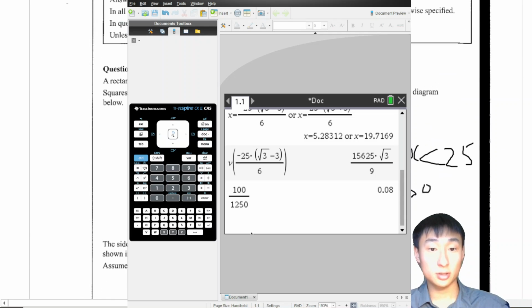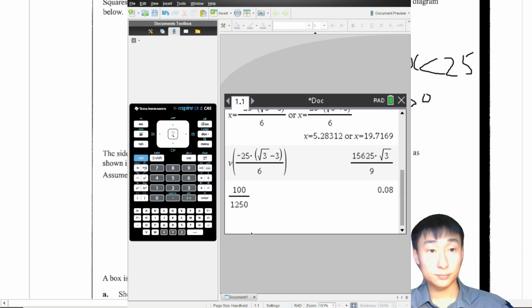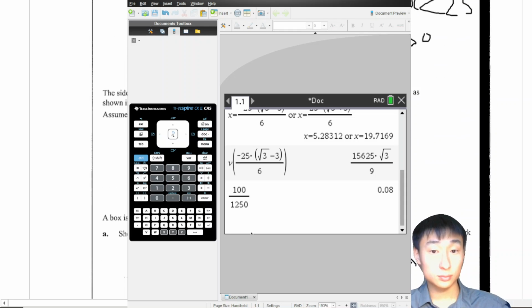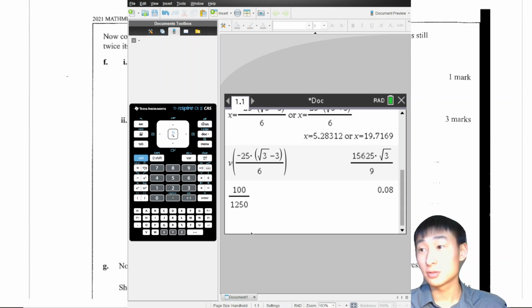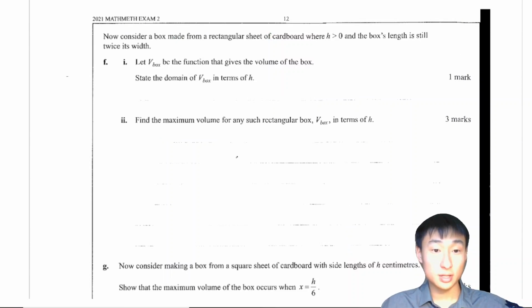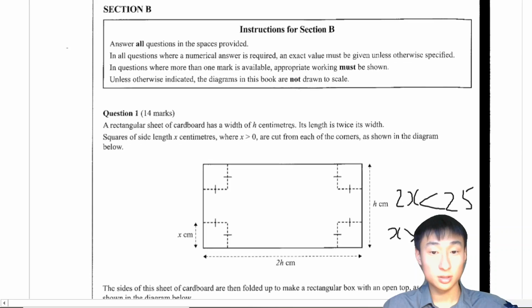If we go back up here, set the domain of V box in terms of h. Well, what's the largest h can be?